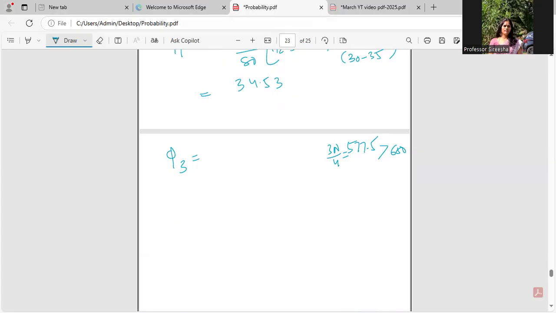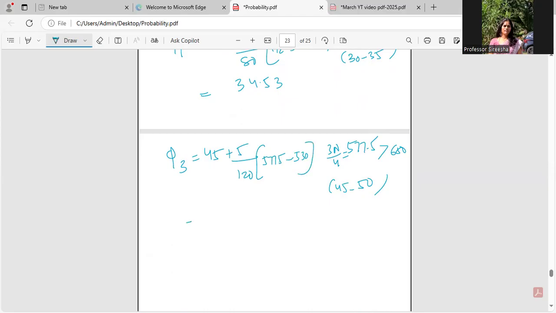So that would come under 45, 50. So lower bound will be 45. H is 5. Frequency of that class is 120. Now 3n by 4 value I have got is 577.5 minus the cumulative frequency of that class, which is 530.